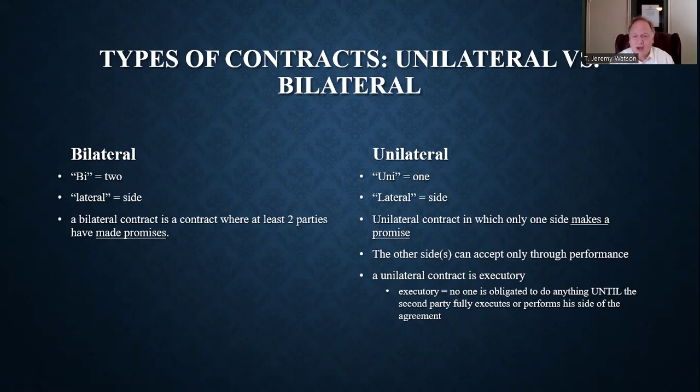So a unilateral contract is executory, meaning that no one is obligated to do anything on the contract until the second party fully executes or performs his side of the agreement. Again, there's a promise going one way, and that promise can only be accepted through performance, through doing something, not by promising to do something. As a result, we would call that contract executory until one side actually performs their agreement.